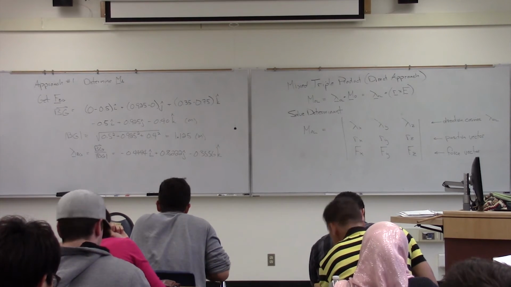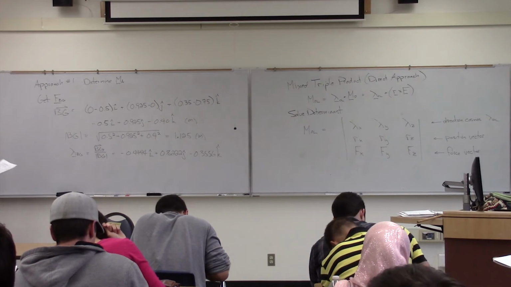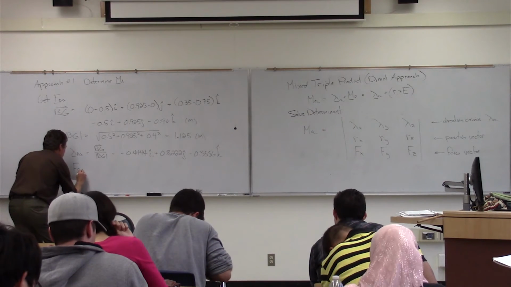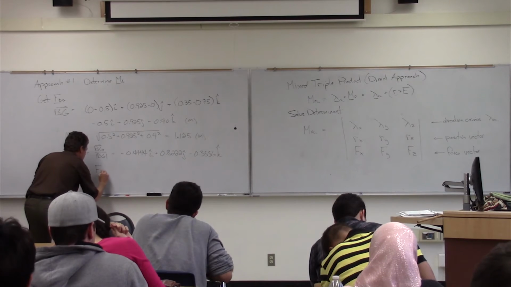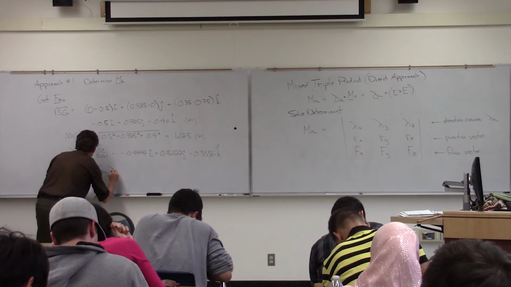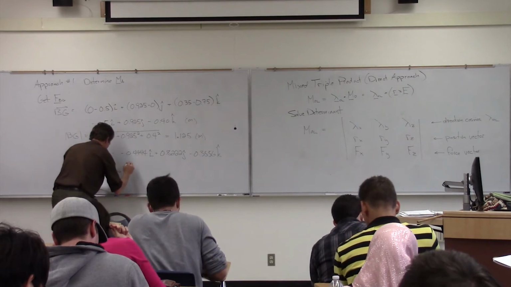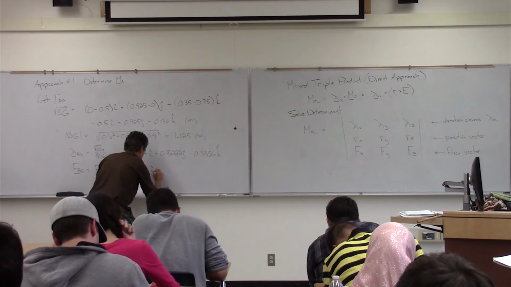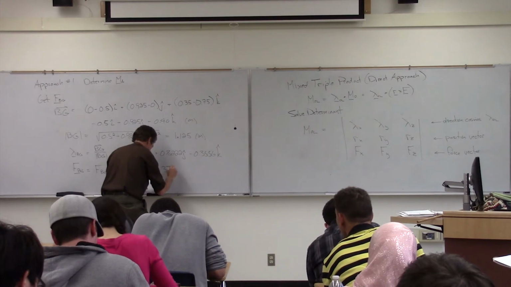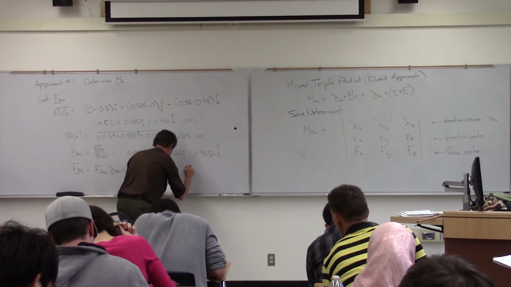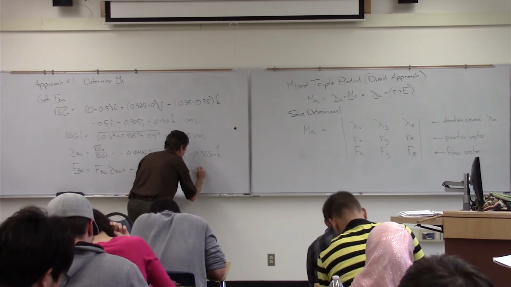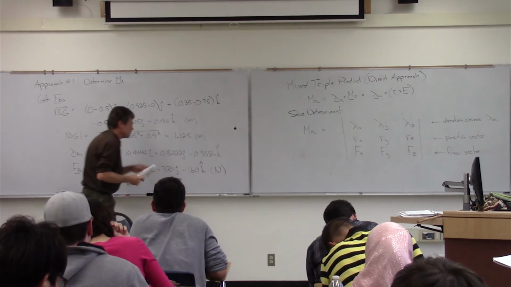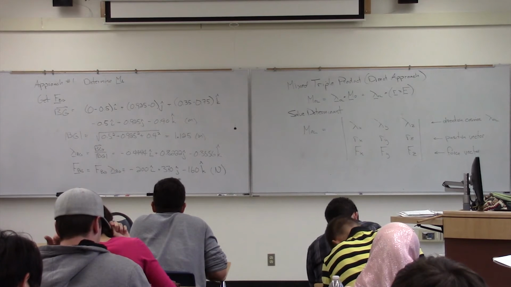So I've created basically my direction cosines for this particular problem. And then to create my force vector, I just simply multiply it times that 450.